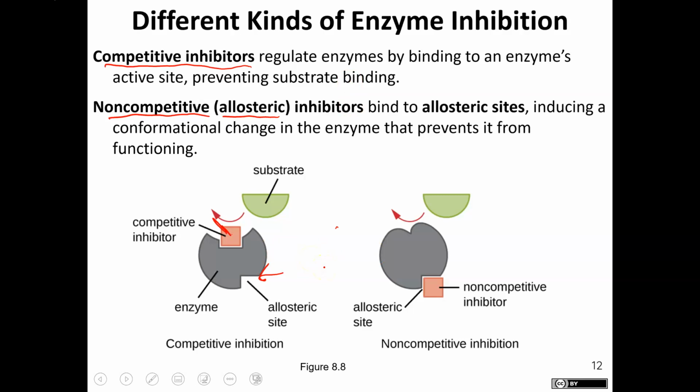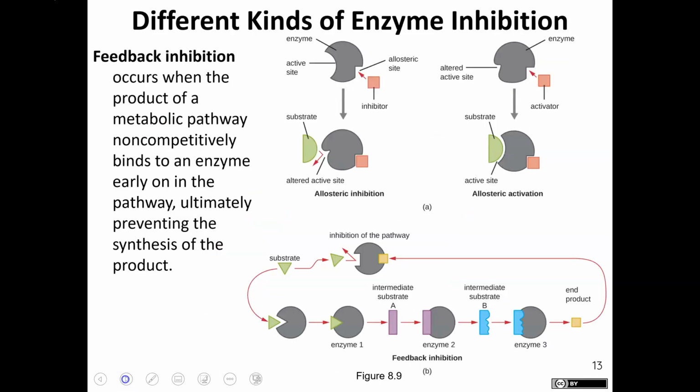So why does this happen? This can happen for different reasons. So one reason would be to inhibit the enzyme from functioning because your cell doesn't need whatever product would be there. So again, here you have an enzyme. Here you have the active site and the allosteric region.